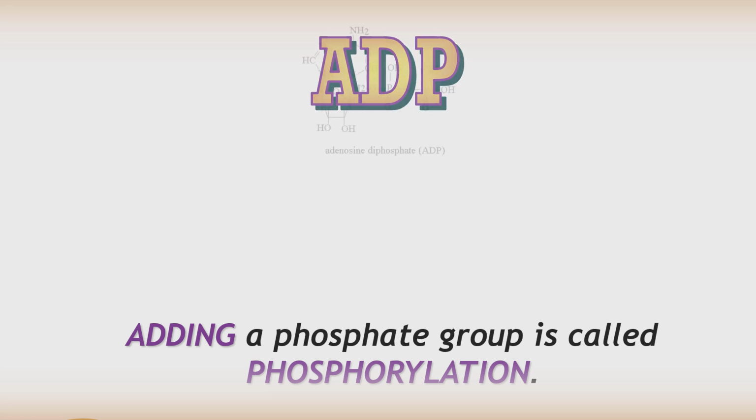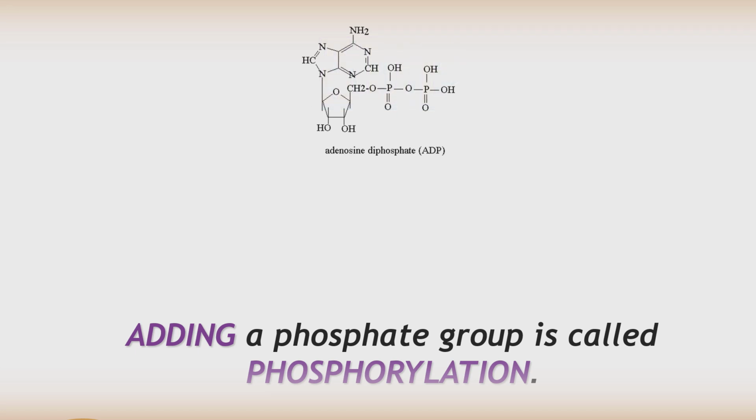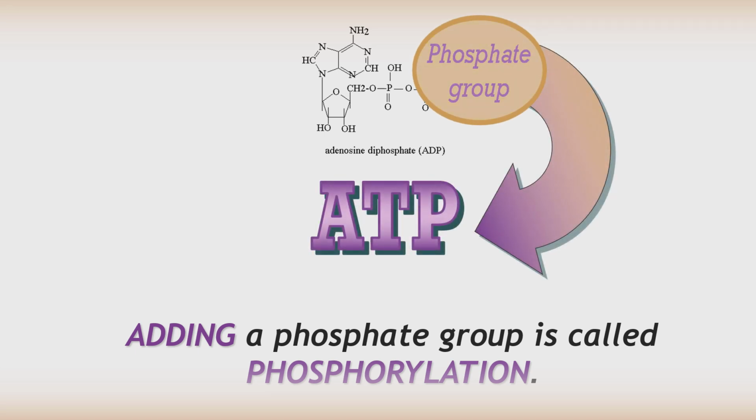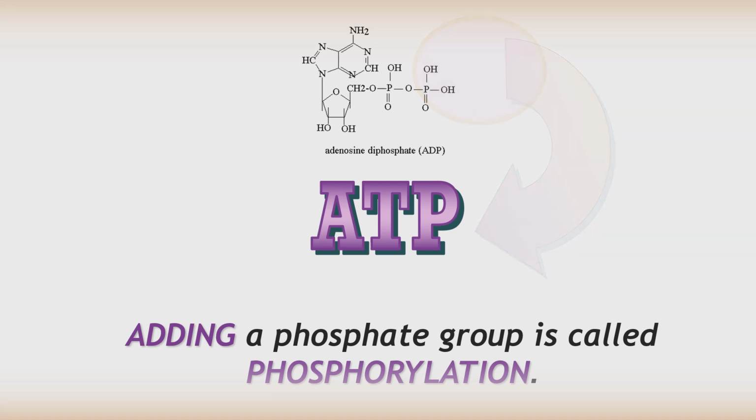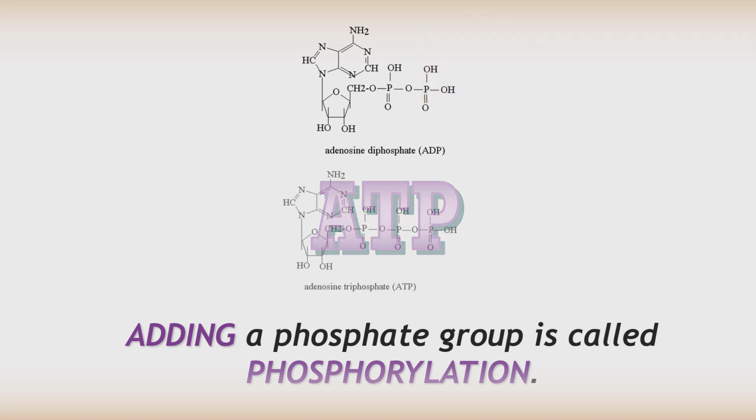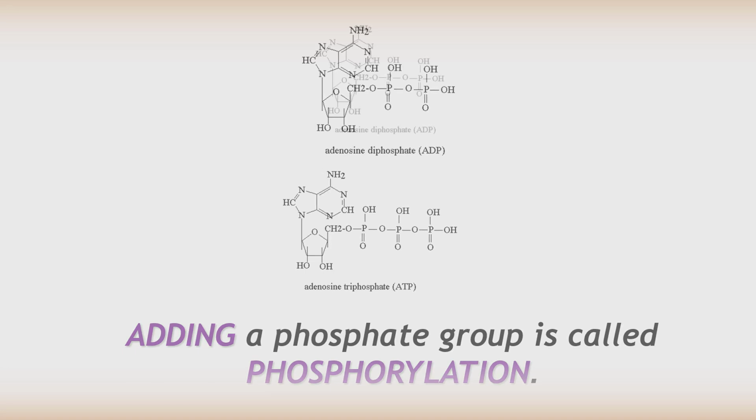Here we can clearly see that adenosine diphosphate has two phosphate groups. Well, let's add another phosphate group to it. Now we'll get ATP. And when we compare the illustration, we can now see that there are three phosphate groups instead of two. So this is very easy to do.